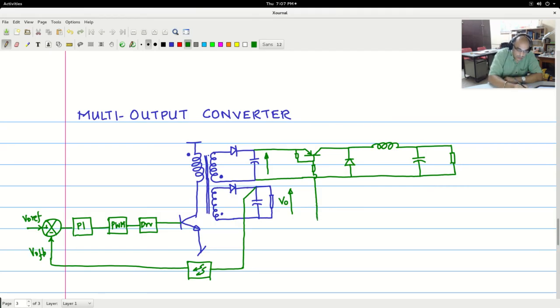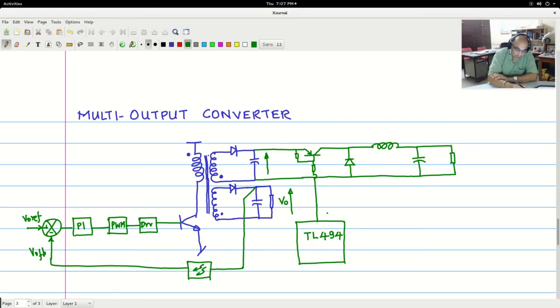Now this gate drive can come from a standard modulator. Standard modulators are available in the market, very inexpensive. For example, TL494 is a typical modulator which is commonly available. It is around 10 to 12 rupees, and this will generate PWM.